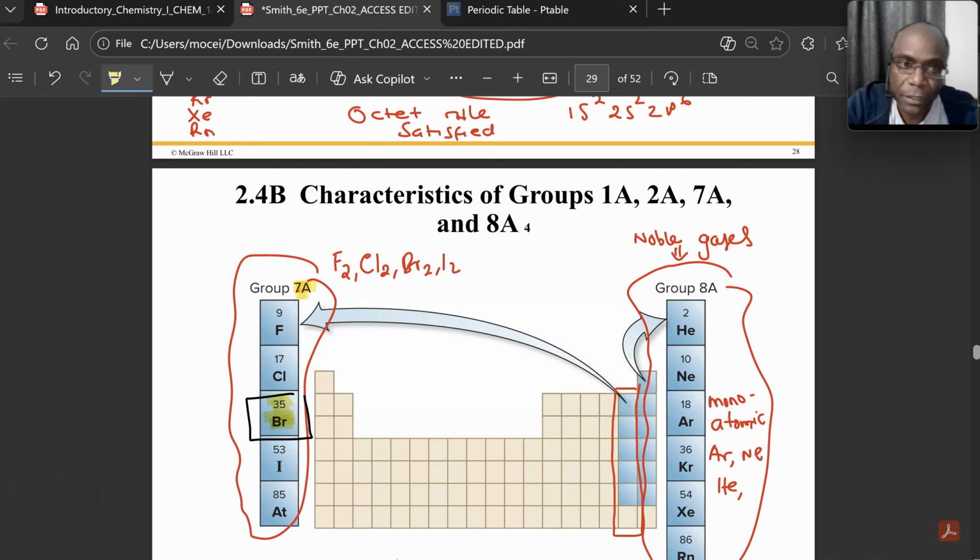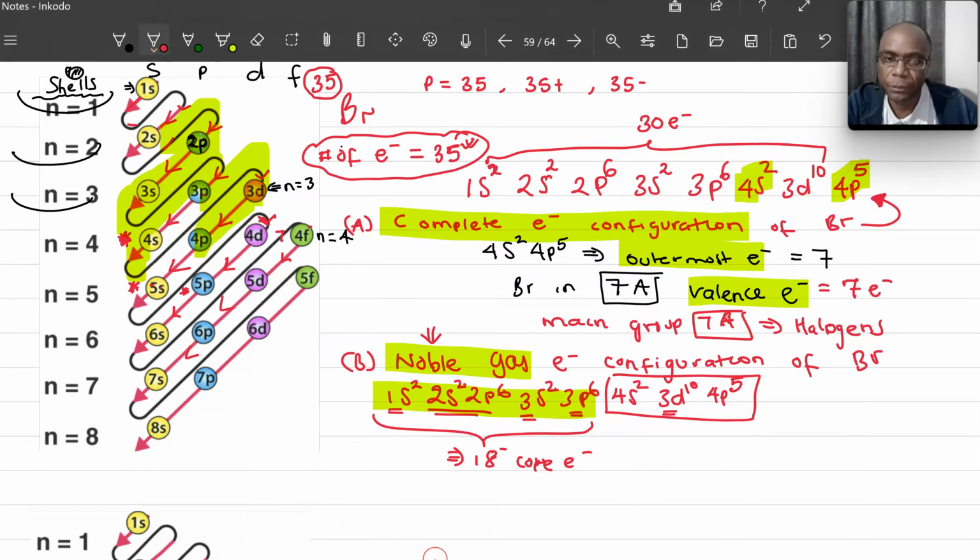It's going to be argon. See, argon has 18 protons, meaning 18 electrons. So all these core orbitals and core electrons can be summarized as argon in brackets, and then anything that is not core is going to be written on the outside.